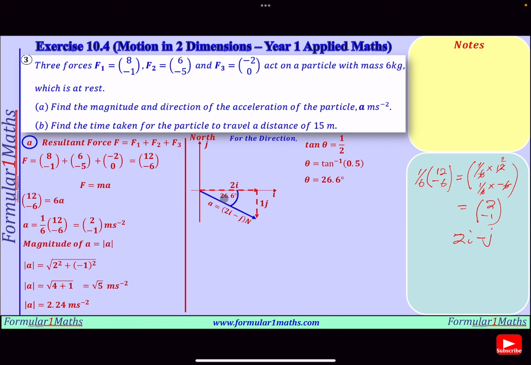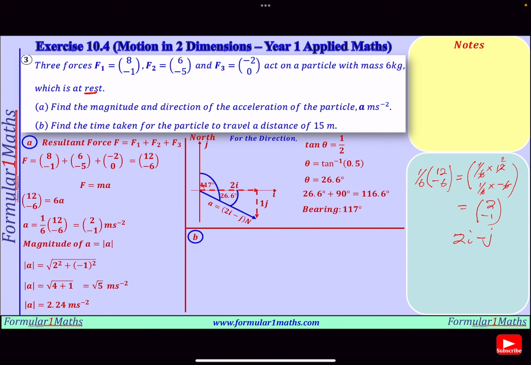But for the bearing, we need to add 90 to 26.6 degrees, because this angle is 90 and the bearing is always measured from the north, and we are going to get 116.6. So the bearing, and therefore the direction, is 117 degrees.